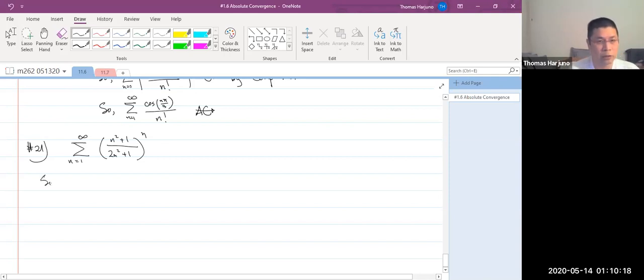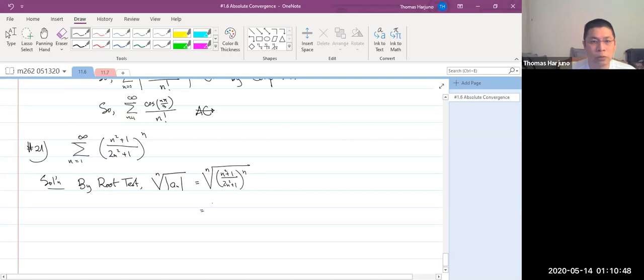And the solution, by root test: the nth root of the absolute value of the nth term will be equal to the nth root of n squared plus 1 over 2n squared plus 1, to the n.